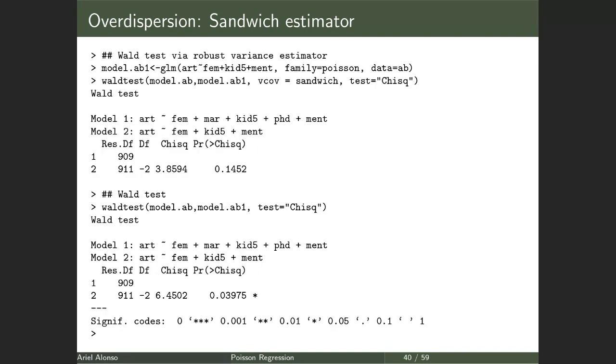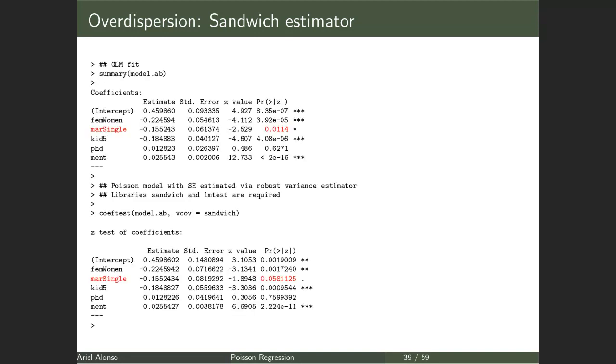Now, for instance, you may use the Wald test because if you look here, you see that there are two variables that are not significant. One of them is the prestige of the PhD program over here. The other variable is marital status. So I'm going to compare now two models, a full model that contains all the covariates and then another model, a reduced model that doesn't contain these two because these are not significant. And we are going to make that comparison between these two models using the Wald test.